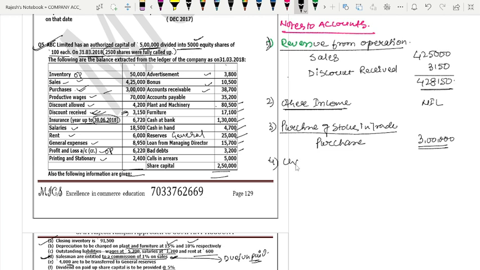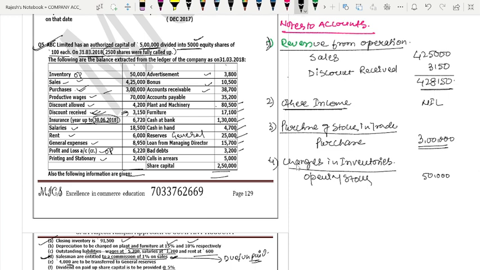Then we get the changes in inventories. Opening stock is 50,000.